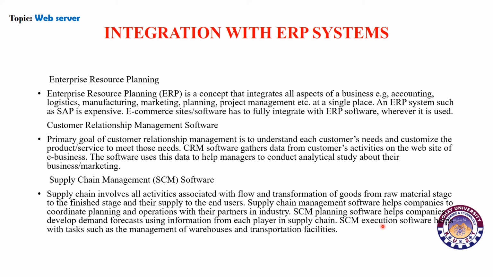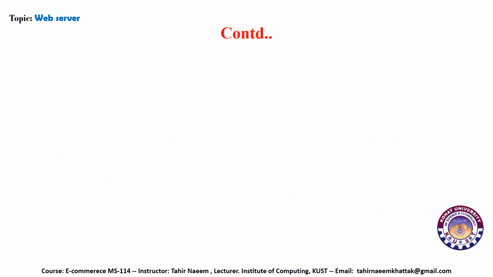SCM execution software handles tasks such as management of warehouses and transportation facilities. Basically, supply chain management software helps us organize the supply chain of the product from raw material up to the finished product and then delivery, and it helps us coordinate our activities with our partners or suppliers so that we can forecast the demand of the product.